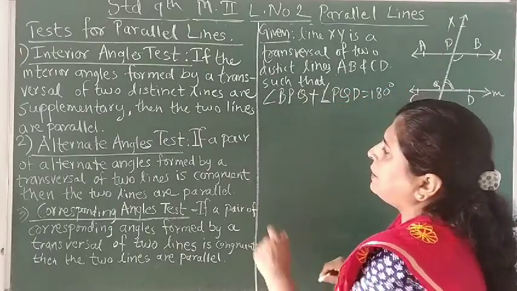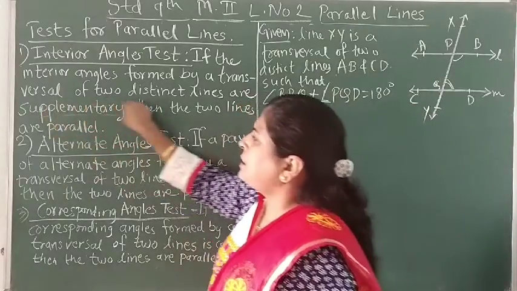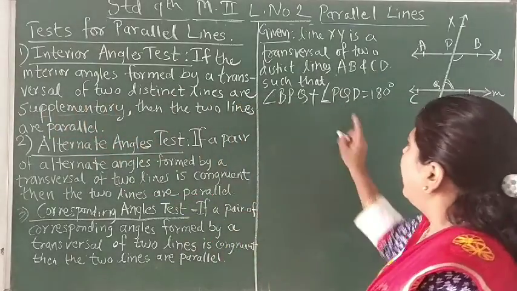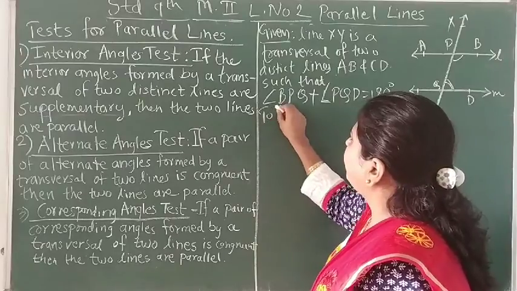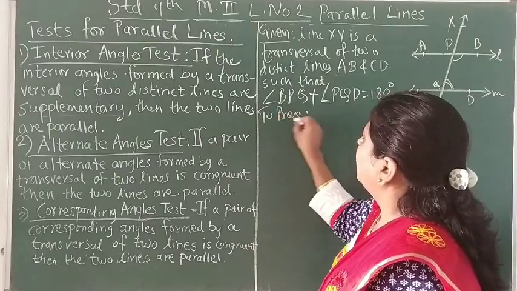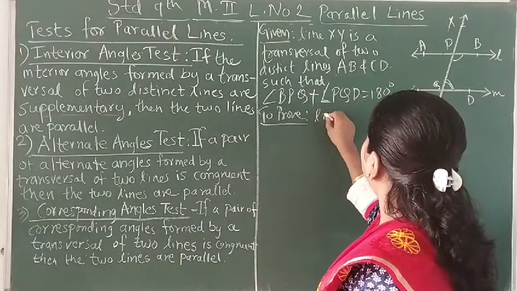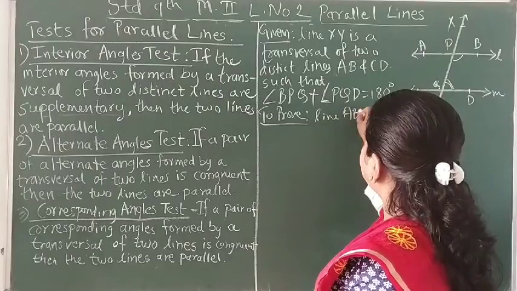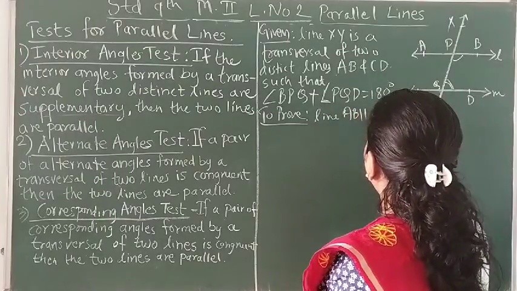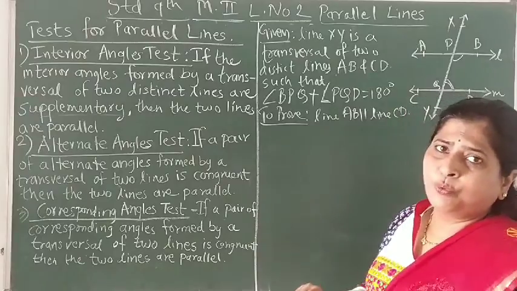They are supplementary, meaning their sum is 180 degrees. We have to prove that line AB is parallel to line CD. This is our to-prove part.